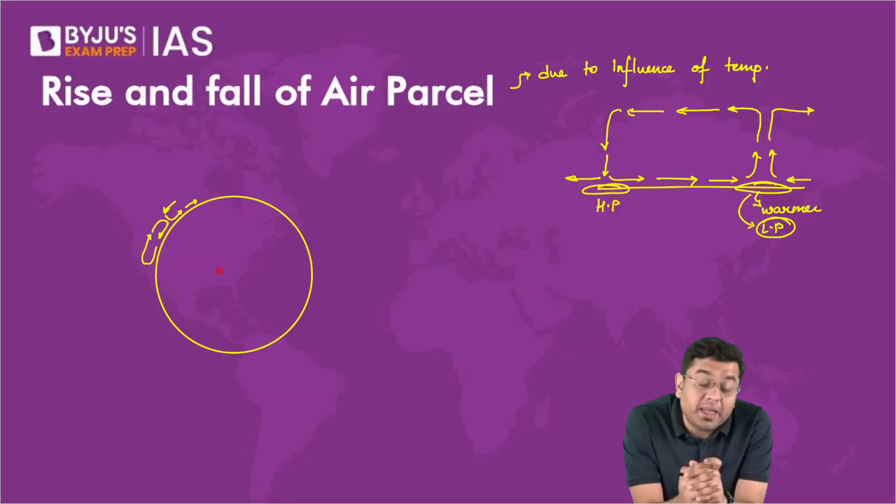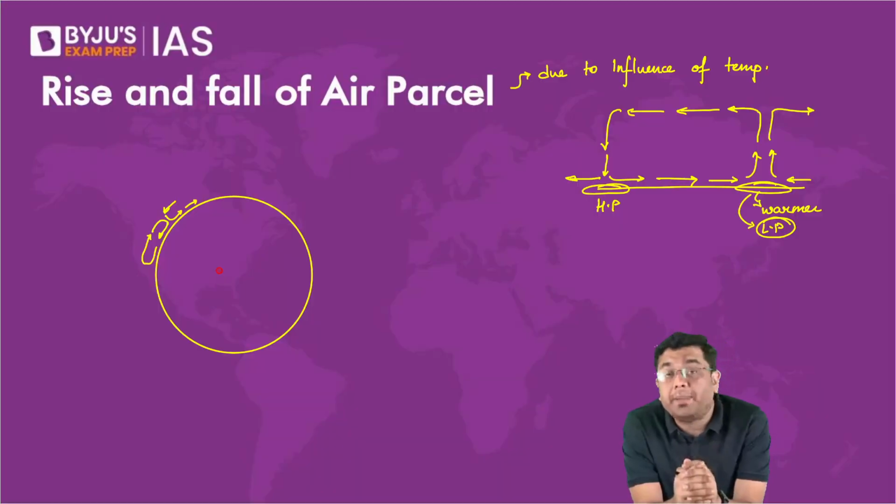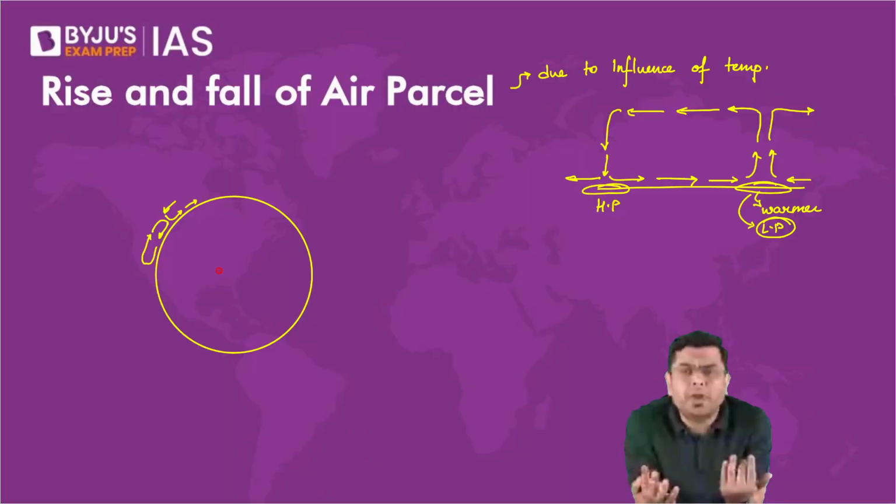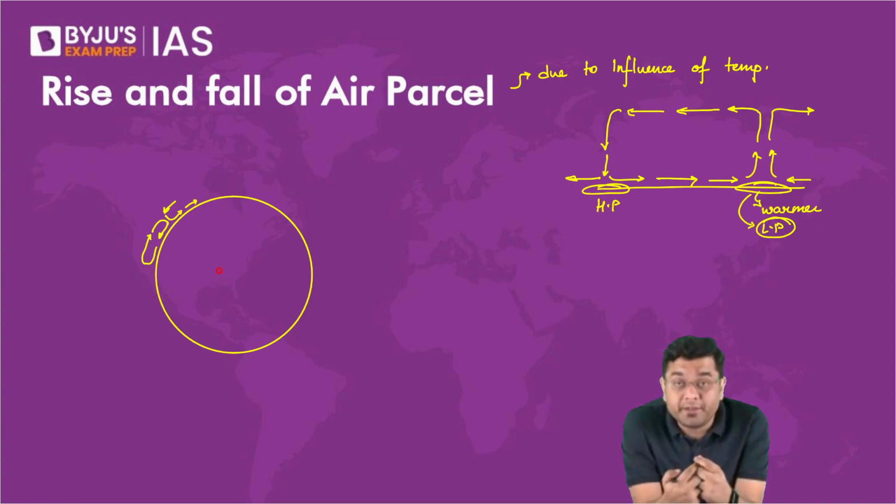Now, Gilbert Walker even was convinced that the same event of the circulation in the Pacific would also end up having an influence over Indian monsoon. And Indian monsoon has always been like an enigma. People have tried to understand Indian monsoon very significantly, and a lot of energy has been invested.